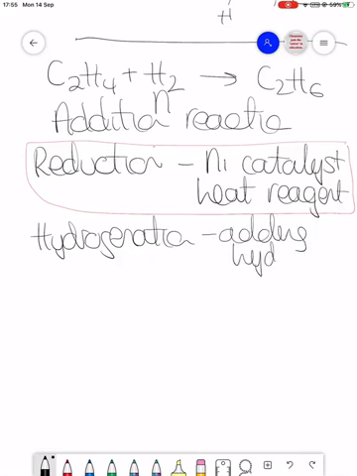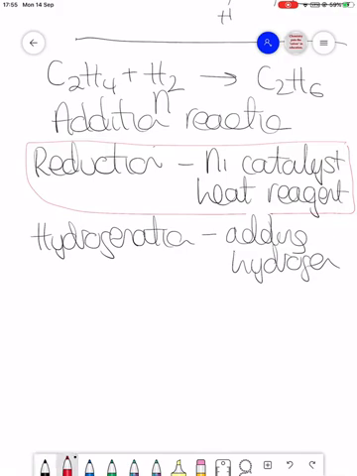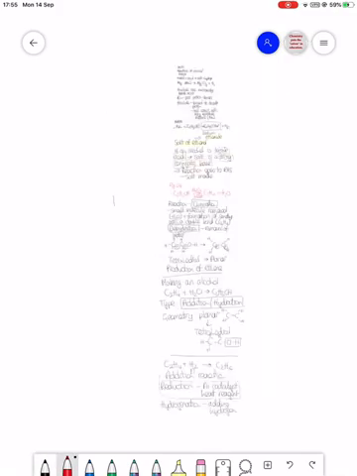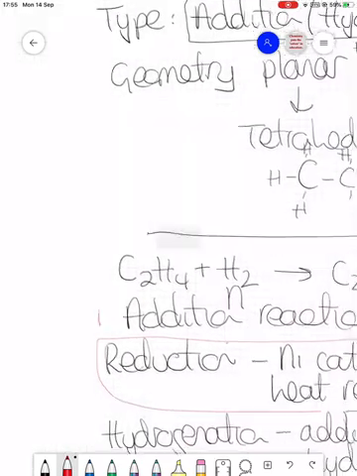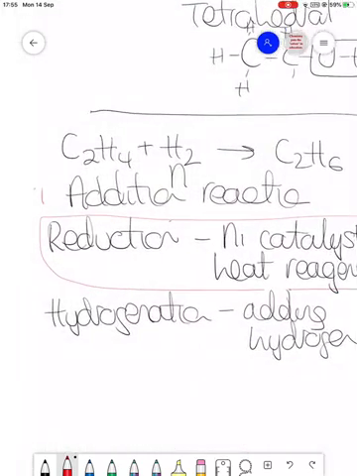So you have three types of descriptions for this type of reaction. If I was going to go in terms of what are the top three, this would be number one, this would be number two, and this would be number three.